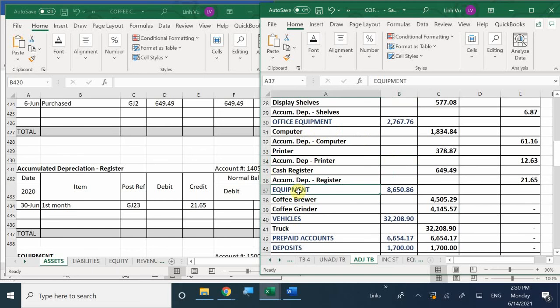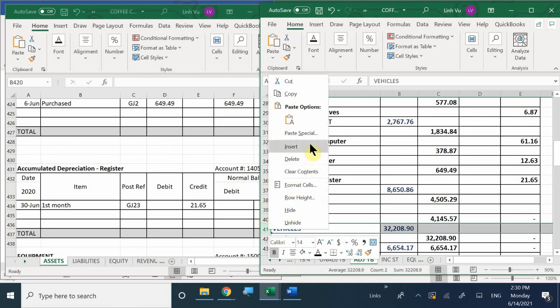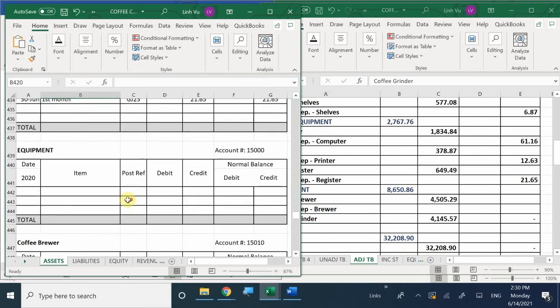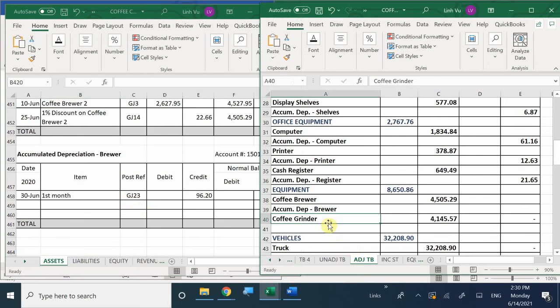Okay, so equipment, right? We have 2 equipments. So let me see. I'm going to add in my contra accounts. So I should have an accumulated depreciation for the brewer. Okay. And I should also have an accumulated depreciation for the grinder.